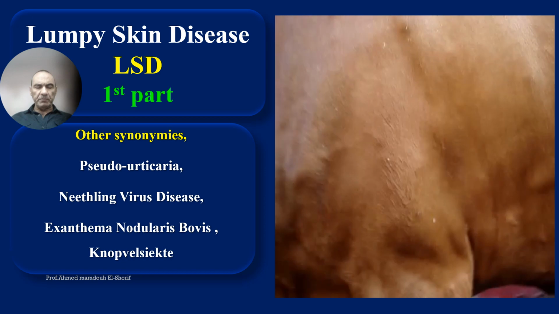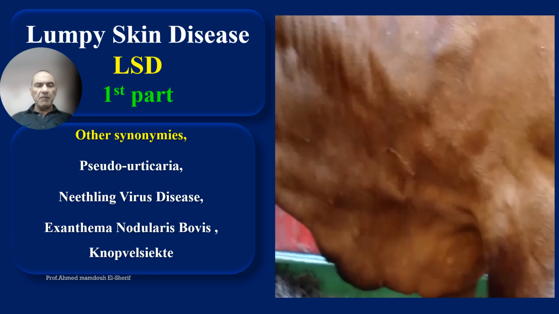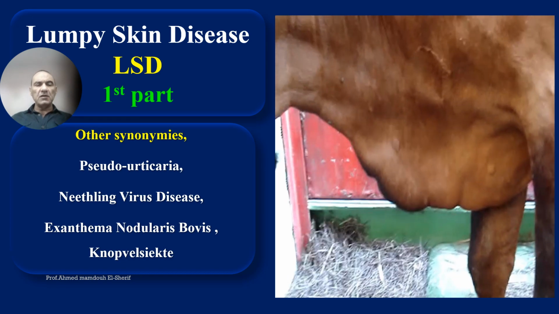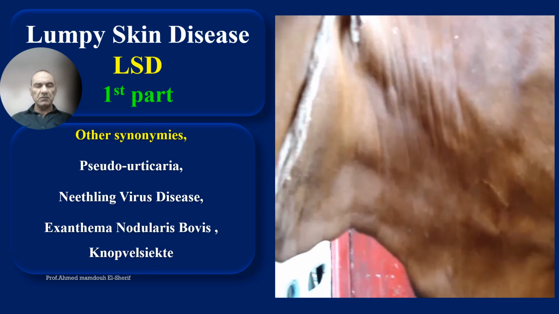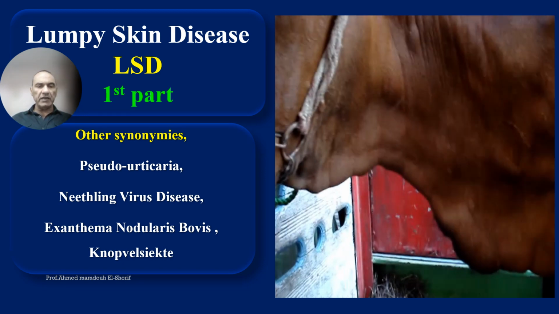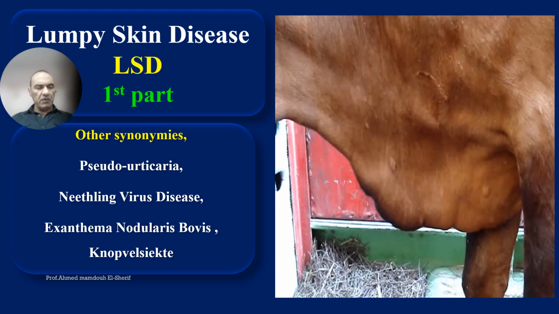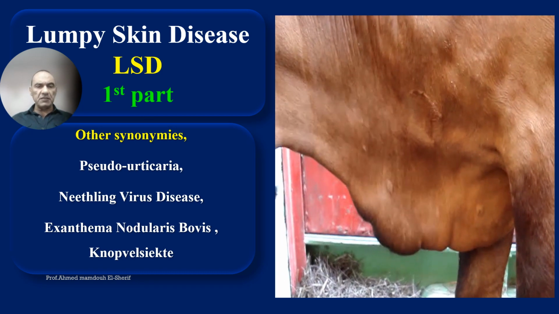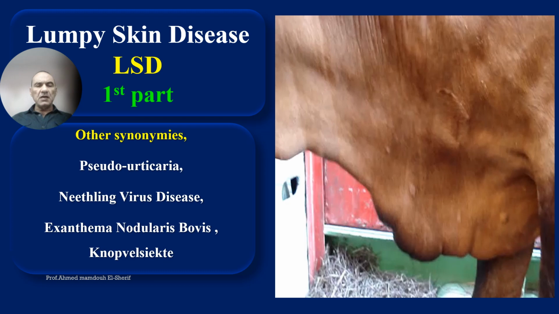These synonyms come from ancient times according to the clinical signs in case of pseudo-urticaria, the causative agent in case of Neethling virus disease, and clinical signs with the name Exanthema nodularis bovis. Knopf vasculitis is the German name of this disease.